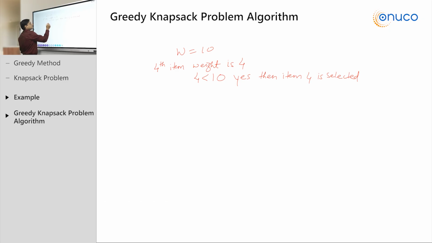If item 4 is selected, then what will be the solution as of now? Just I am writing, total profit is equal to the profit of the fourth item, that is 16.